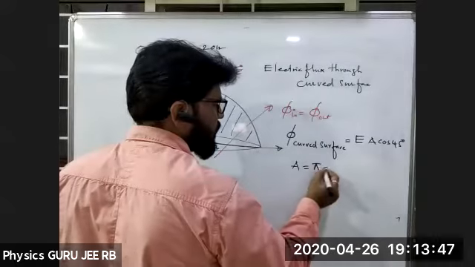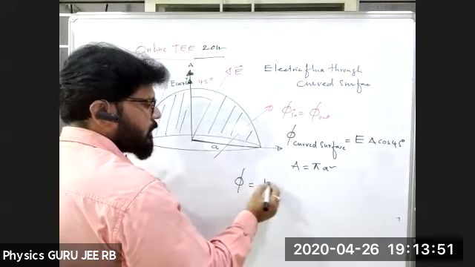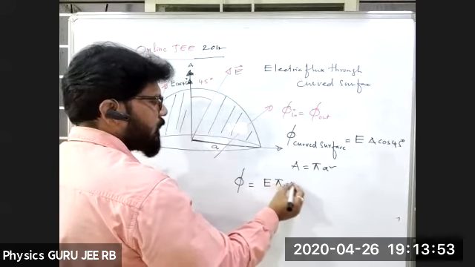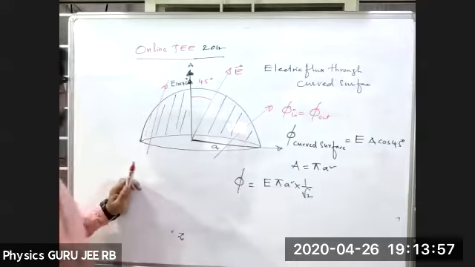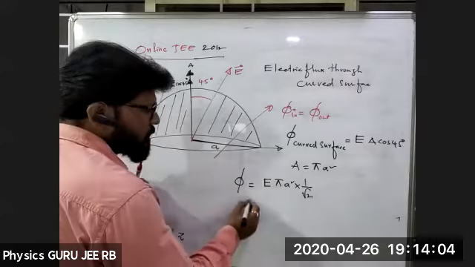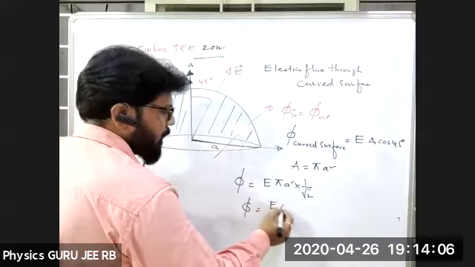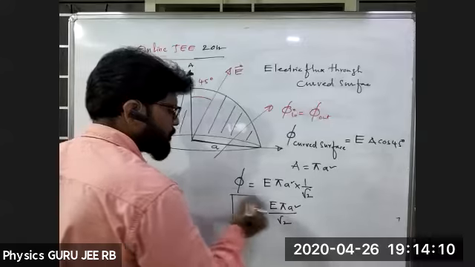You substitute that: flux is equal to E into pi A square into cos 45. Cos 45 is 1 by root 2. That is the answer. So here phi is equal to E pi A square divided by root 2.